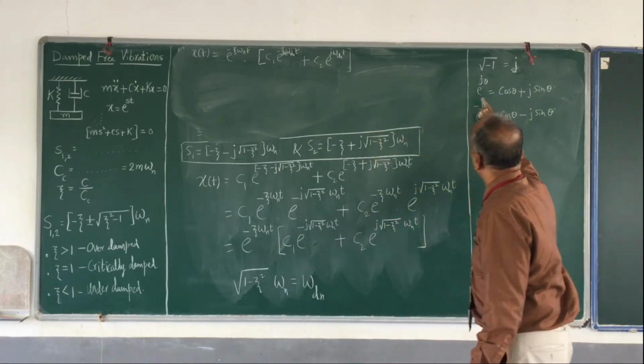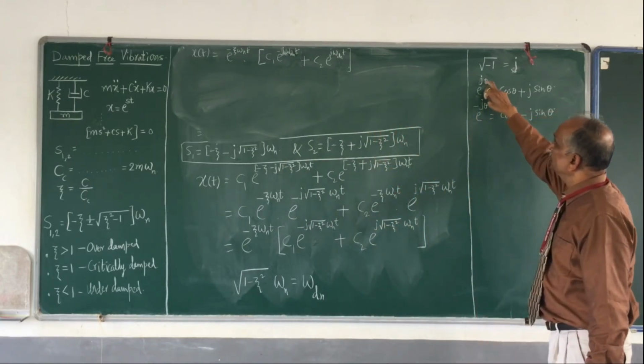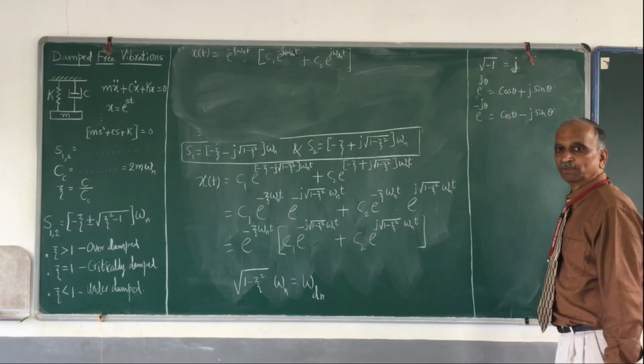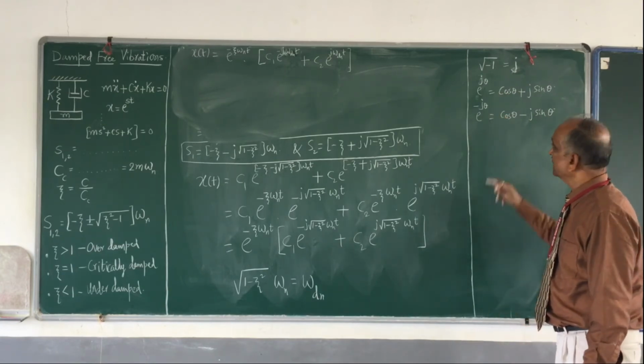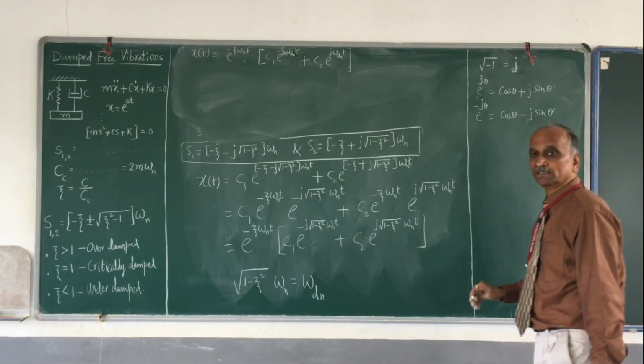Okay, so now I shall come back here. e raised to j theta is nothing but cos theta plus j sin theta. Similarly, e raised to minus j theta is cos theta minus j sin theta.